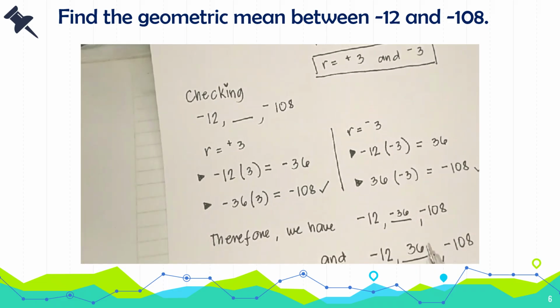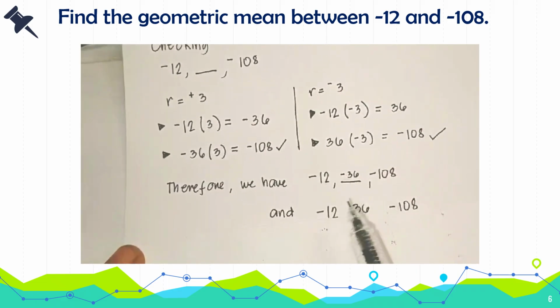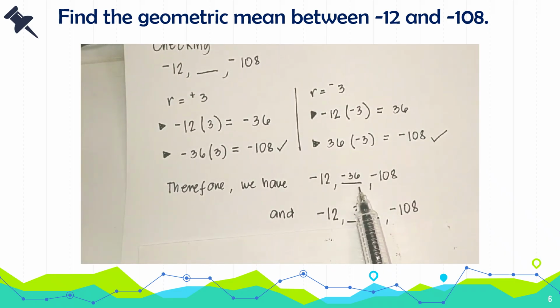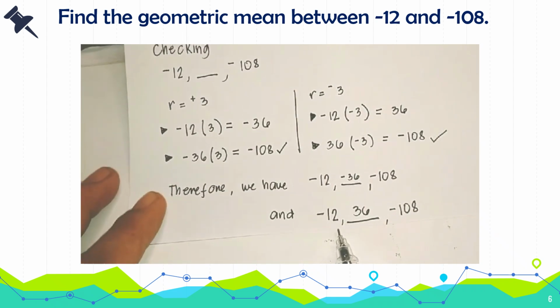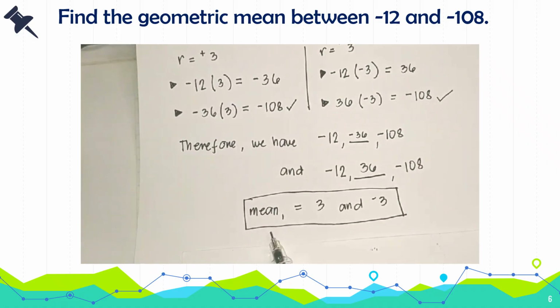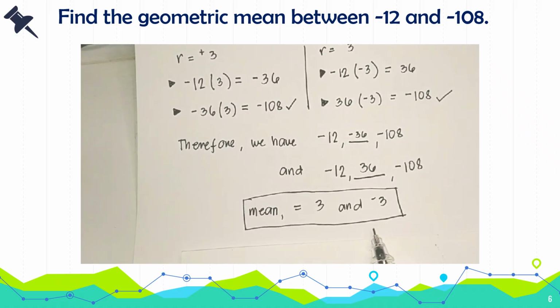Therefore, the sequence will be negative 12, negative 36, negative 108, and negative 12, 36, and negative 108. Our mean here, or m sub 1, will be negative 36 and positive 36.